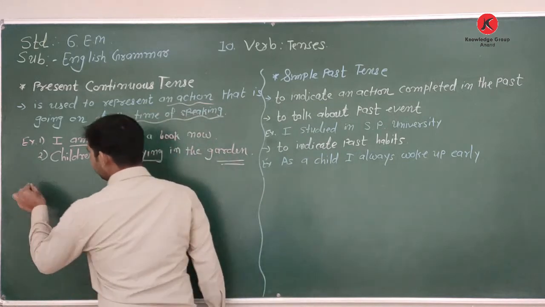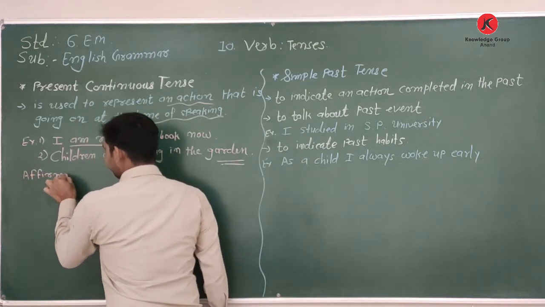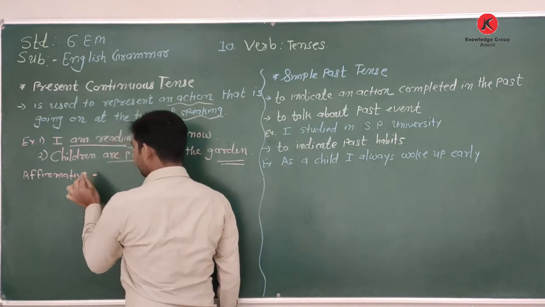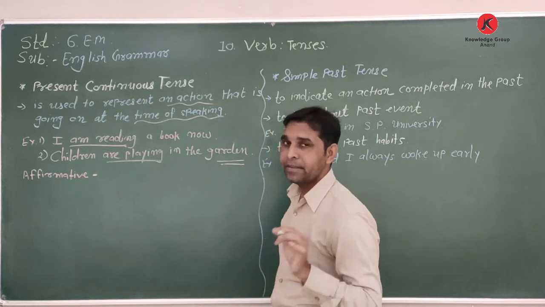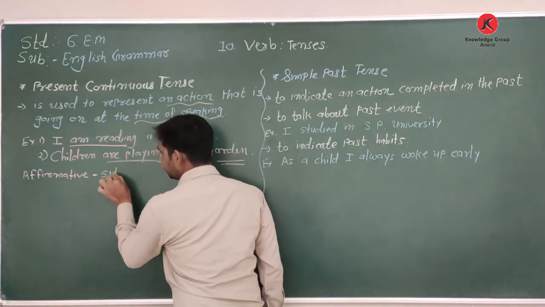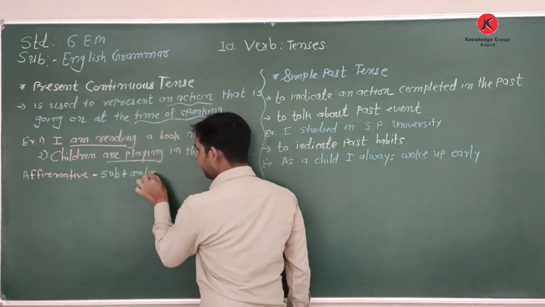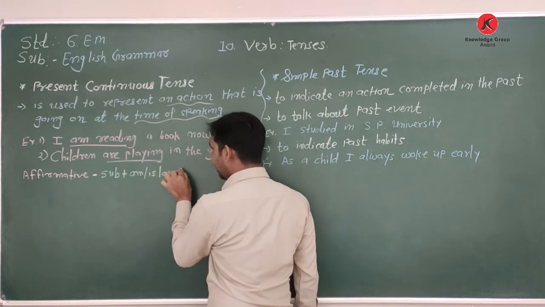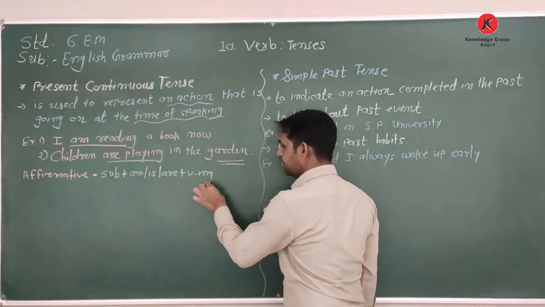Let's see the structure of the affirmative sentence. How do we build the structure? We build the structure first: subject plus am, is, are plus verb with ing.